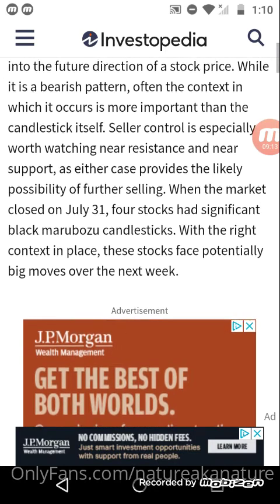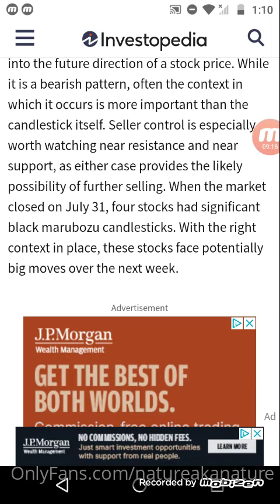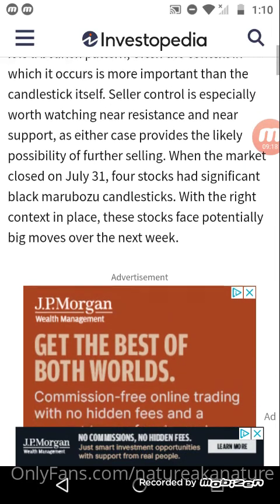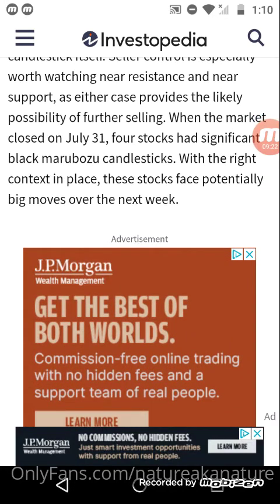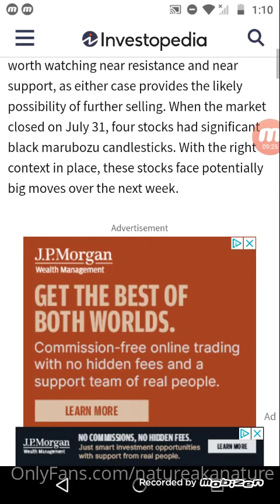When you see Marubozo candlesticks form in the chart, these are potential big moves that will probably play out over the next weeks or months.